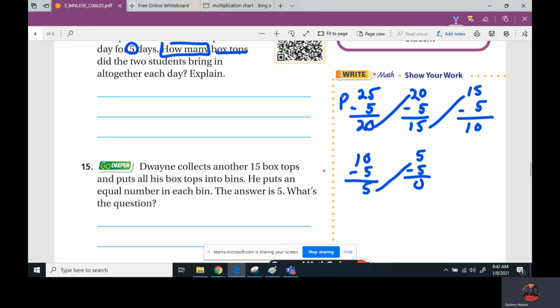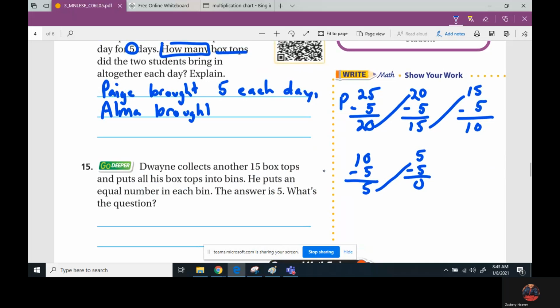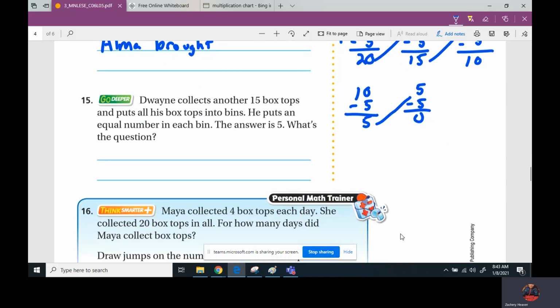So Paige brought in each day 1, 2, 3, 4, 5. So Paige brought 5 a day, or 5 each day, comma, and then we say Alma brought, and let's figure out Alma's. So Alma brought in 20. So 20 for 5 days makes 15.